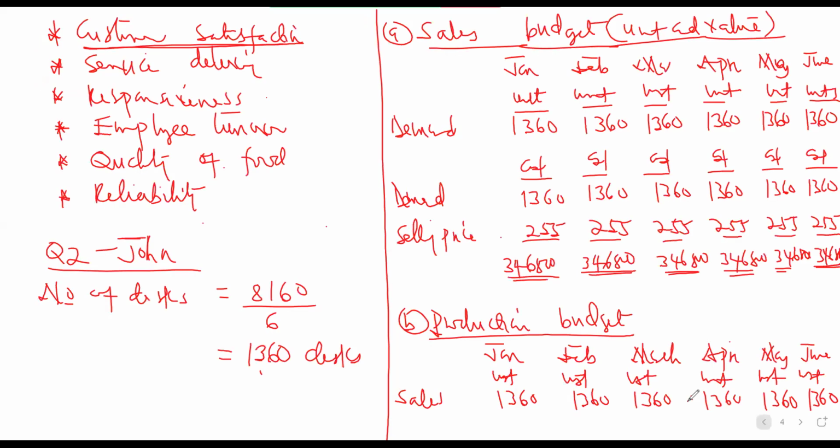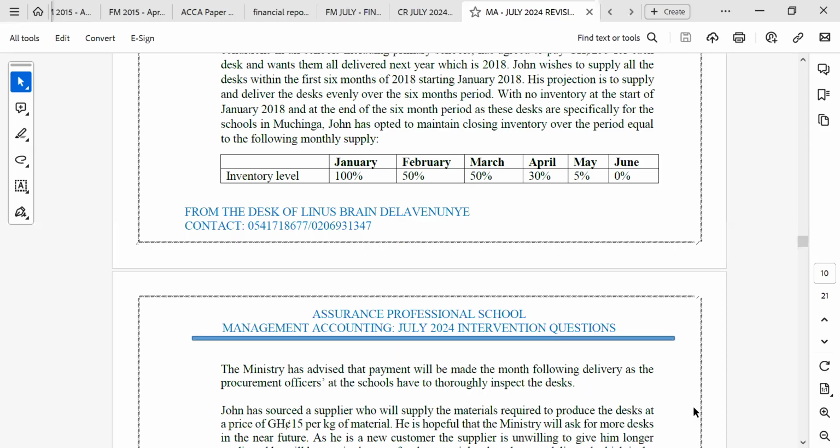So let's come to closing stock for February. What will be the closing stock for February? I'm having 680. Okay.